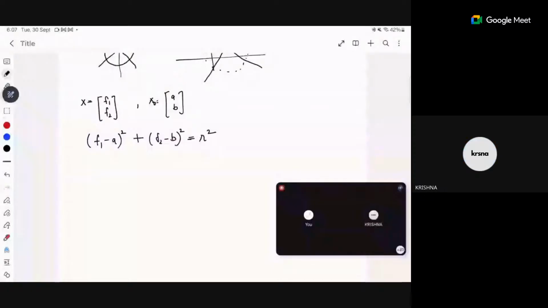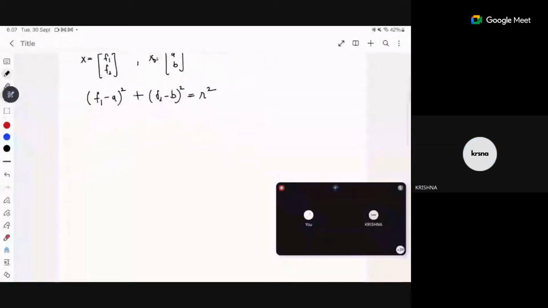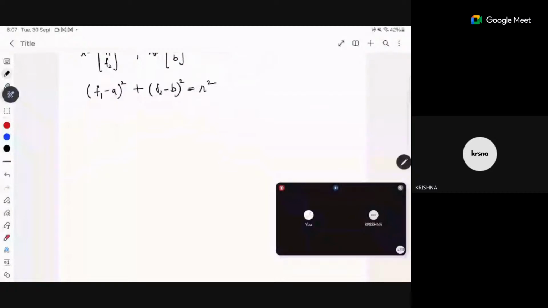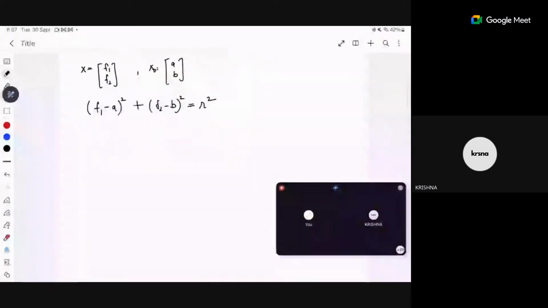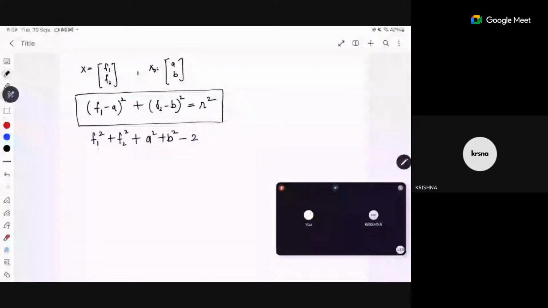Yeah, ma'am. Okay. So if we have these two features F1 and F2, and the center is (A, B), then this is the equation of the circle that we will have. Now let's open it. We get F1 square plus F2 square plus A square plus B square minus 2A F1 minus 2B F2 minus R square is equal to 0.